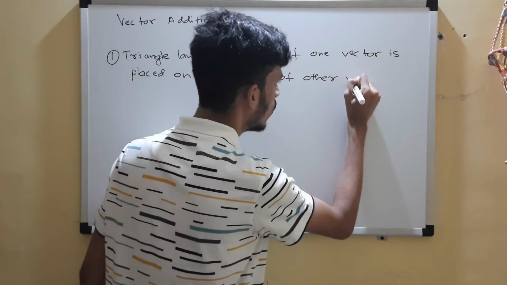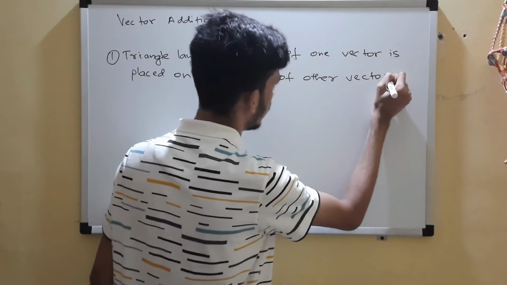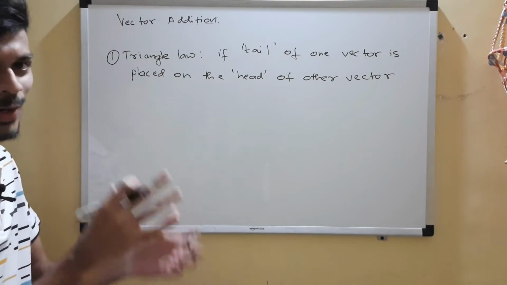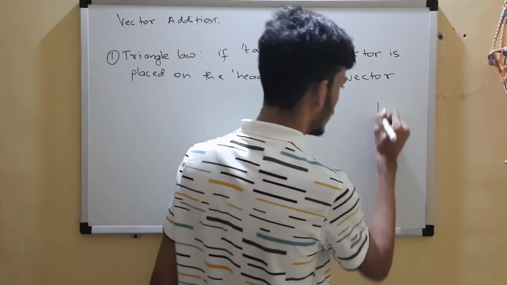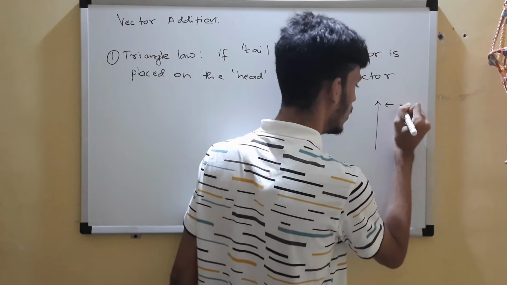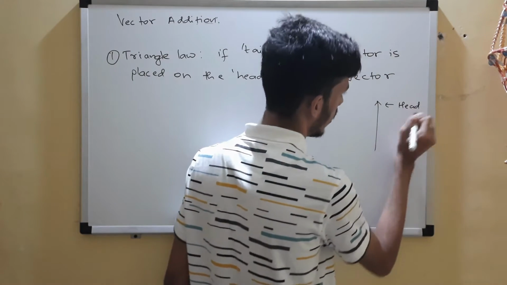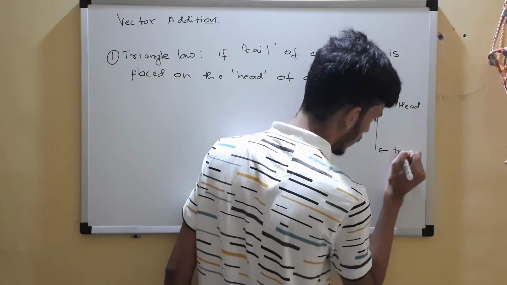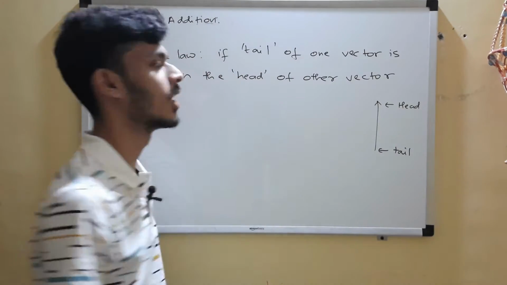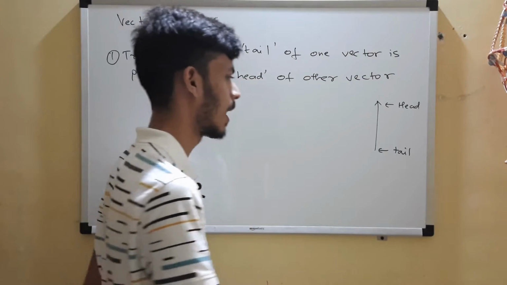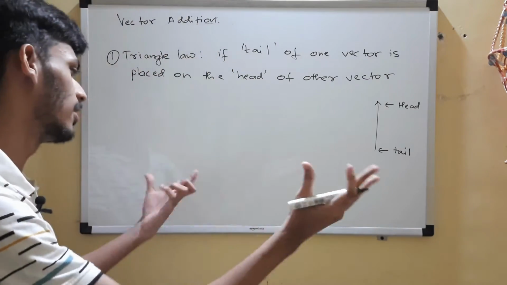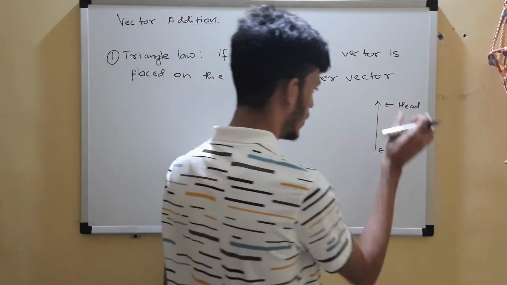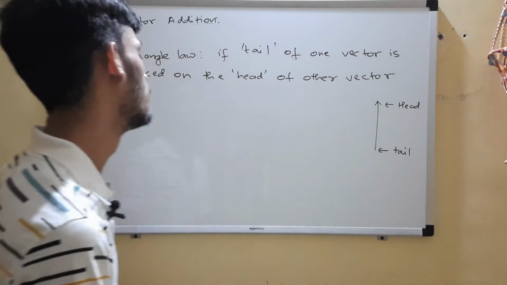Now I hope you are familiar with these terms, heads and tails, not the ones on your coin. We learned this in the introductory lecture, lecture 1. You can check it out after this lecture, not that important, but just skim through it. So this is the head and this is the tail for those who don't know.